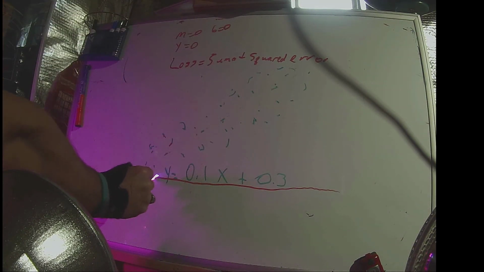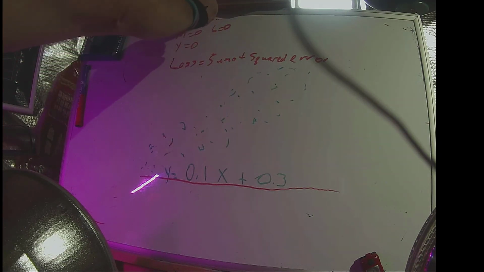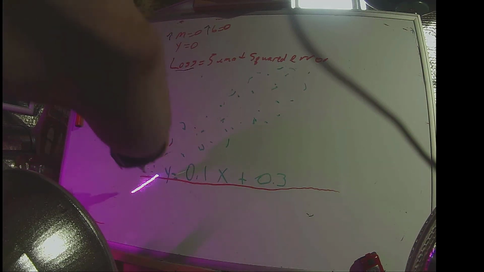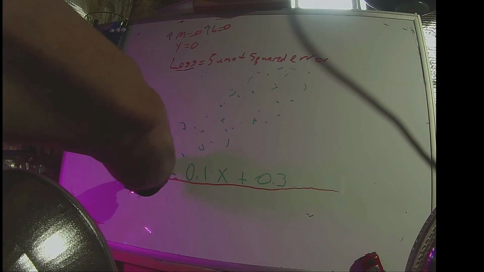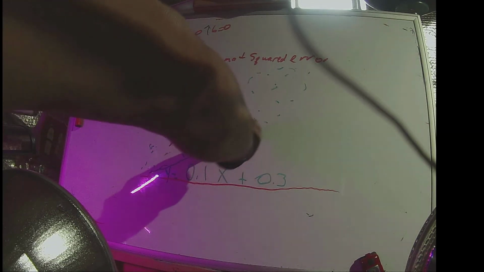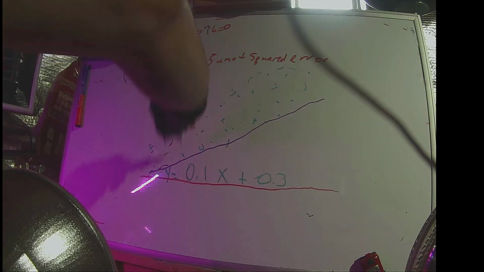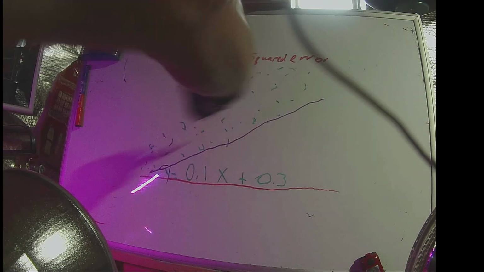As we perturb this line, we find that moving m up and b up is the direction that minimizes the error, the direction we have to move to reduce this loss function. So we pick a new m and a new b, maybe like this, and calculate a new loss based on the distance to this line.